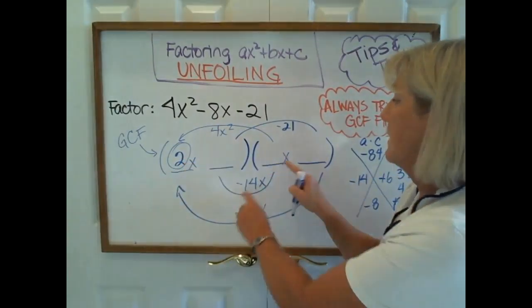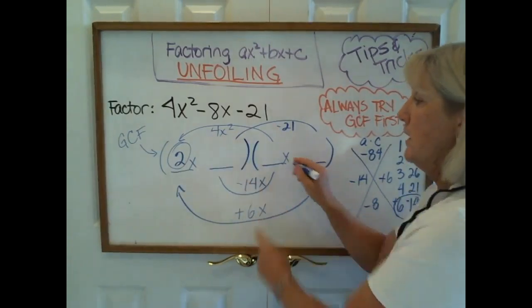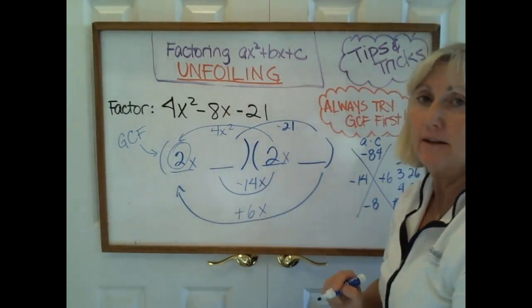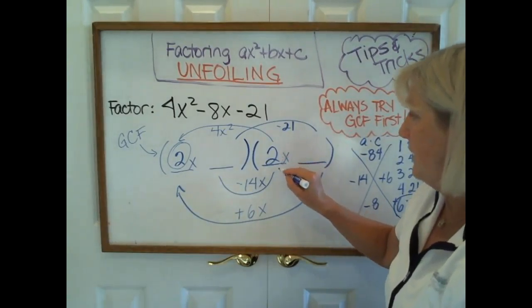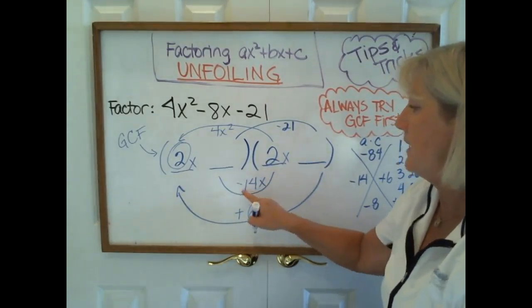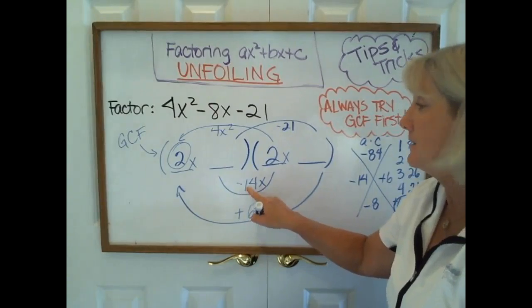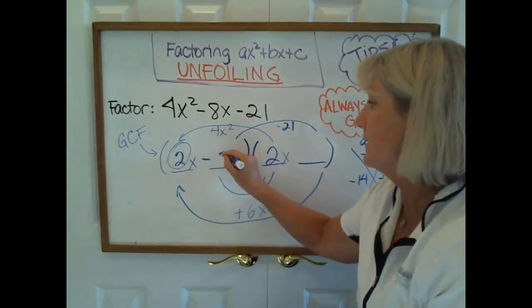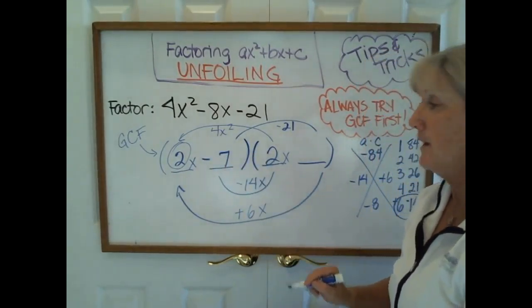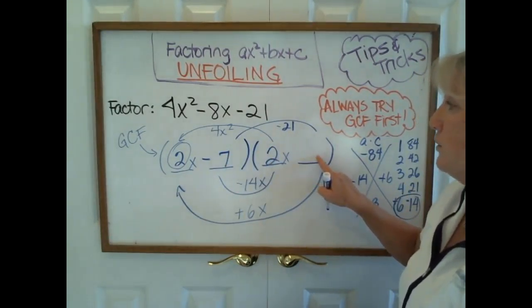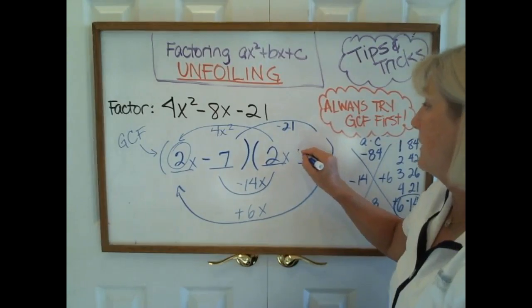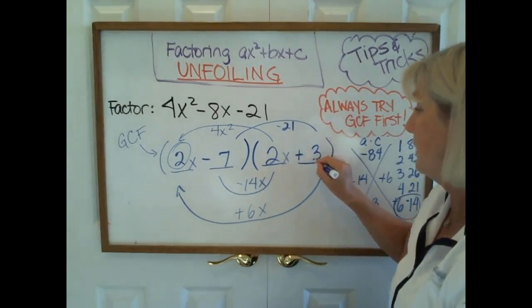So if 2x times this needs to be 4x squared, then I know that that's going to be 2x. So then if 2x times something has to be negative 14x, I know that that has to be negative 7. And if negative 7 times something has to be negative 21, I know that that has to be positive 3.